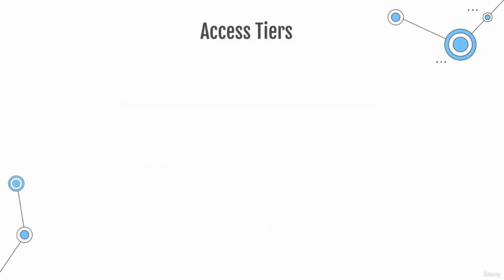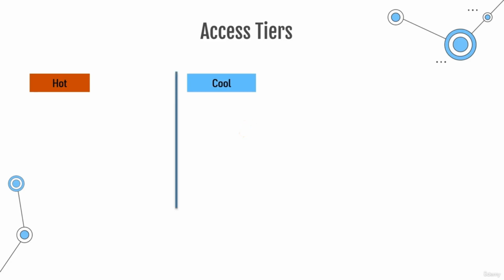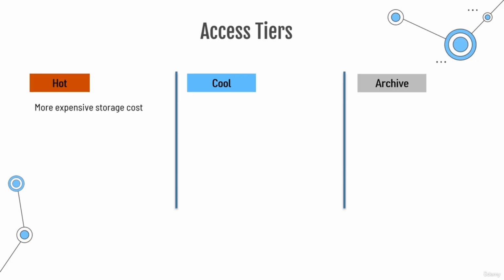We have seen that we have these three different types. We've already seen hot, cool, and there's also archive. We've mentioned that hot is the most expensive in terms of the storage. But now it is much cheaper to read and write the data.